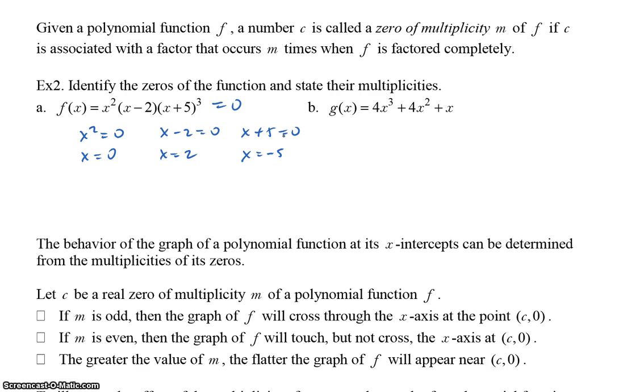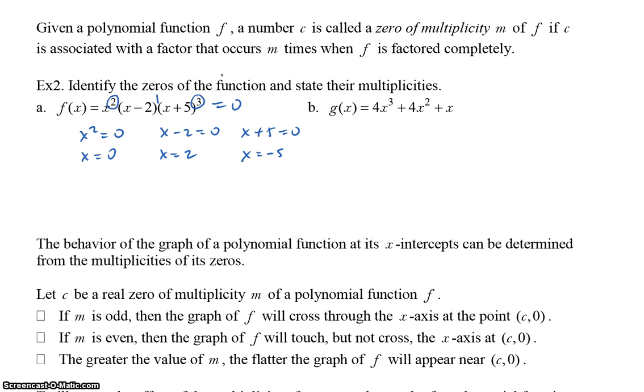Now, if we look at the factors associated with those zeros, notice that the factor x associated with x equals 0 occurs twice. The factor x minus 2 associated with x equals 2 occurs once. And the factor x plus 5 associated with the zero, negative 5, occurs 3 times.